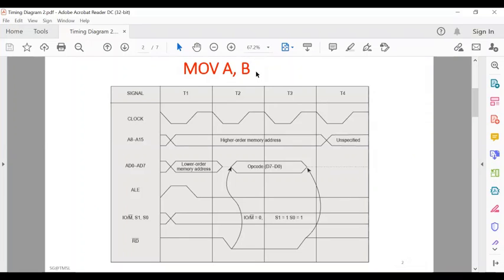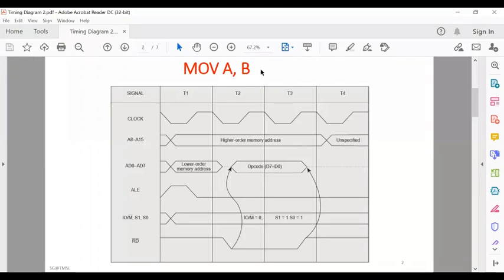So assume this 78 is stored in some memory location 8000. So move A comma B is stored in the 8000 memory location. It's a 1 byte instruction, so it needs one memory location to store the 78, which is the opcode or the machine code of this instruction.